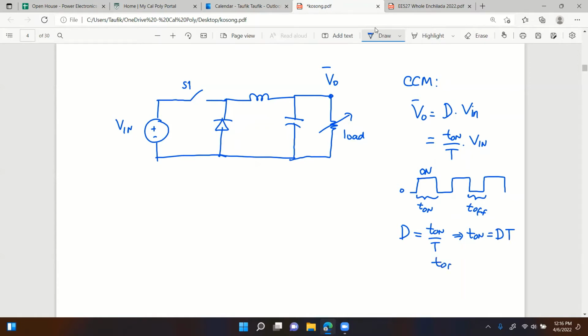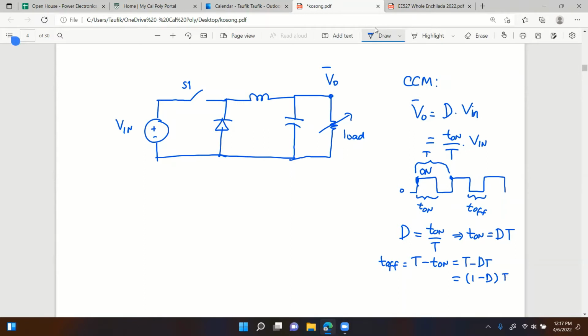And T off, if I go back to this pulse and this time segment from here to here, that's one period. Then T off must be T minus T on, the entire period minus T on. T on by itself is DT, so therefore T off is equal to (1 minus D) times T.